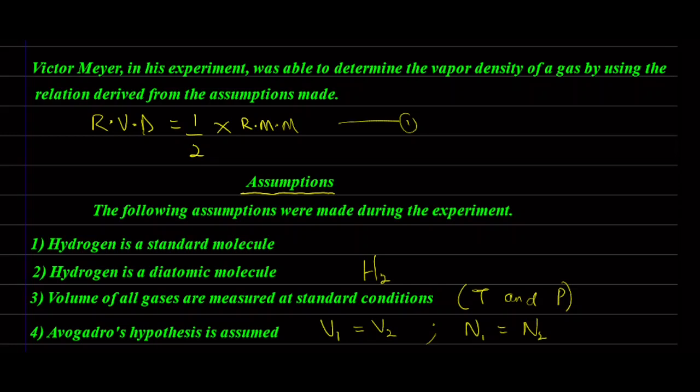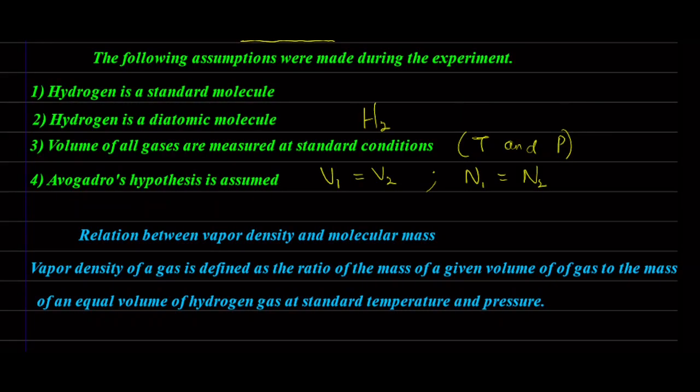So these are the four major assumptions that were stated by Victor Meyer during his experiment, and we are going to make use of these four assumptions to derive equation 1. So we want to show the relation between the vapor density of a gas and the molecular mass of the gas. Before we start, we need to know what we mean by vapor density. The vapor density of a gas is defined as the ratio of the mass of a given volume of a gas to the mass of an equal volume of hydrogen gas.